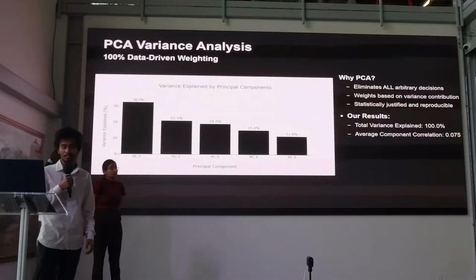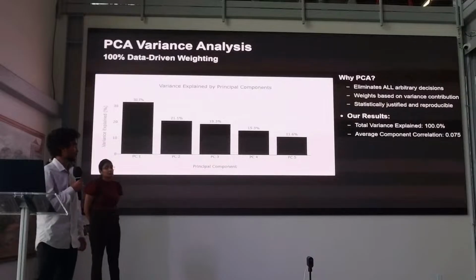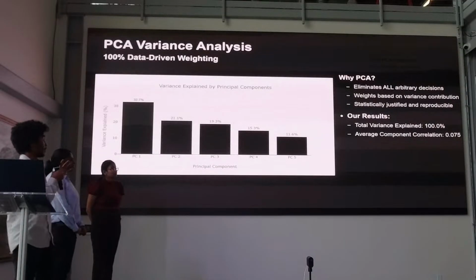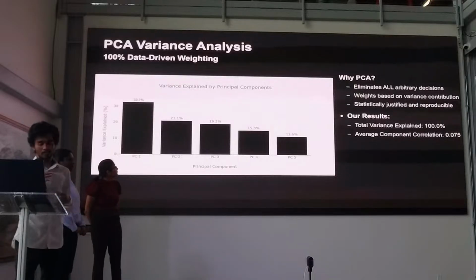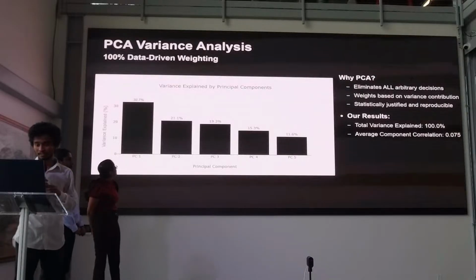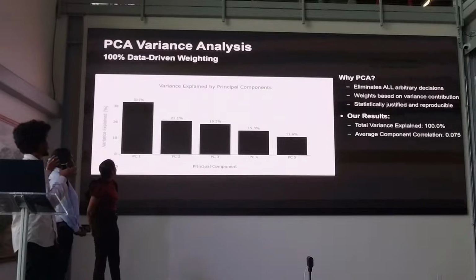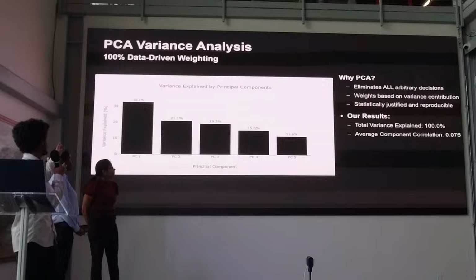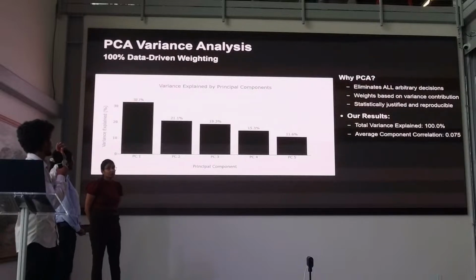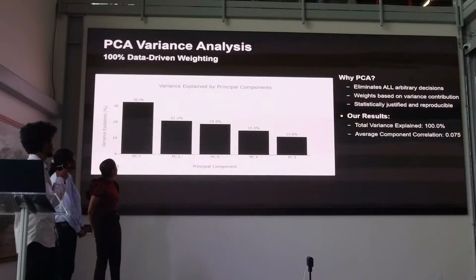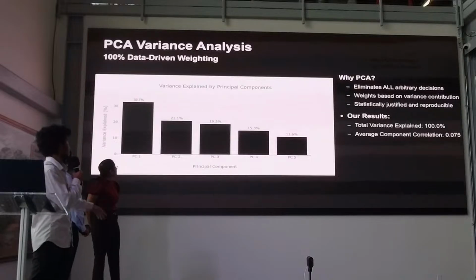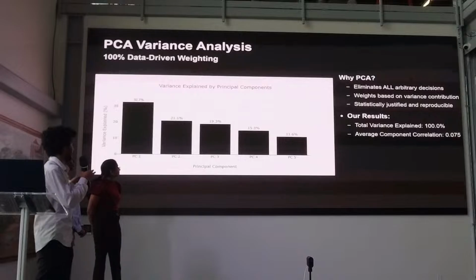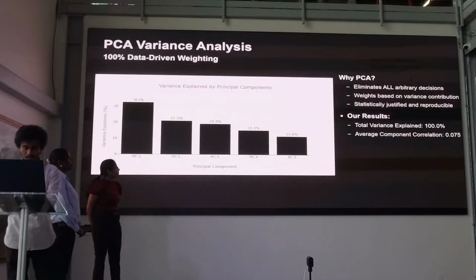For the variance analysis, based on PCA we have explained 100% of the variance. Of the 5 main components, the first component has 32% and the second component has 21% of the variance, and the rest is divided among the other components.